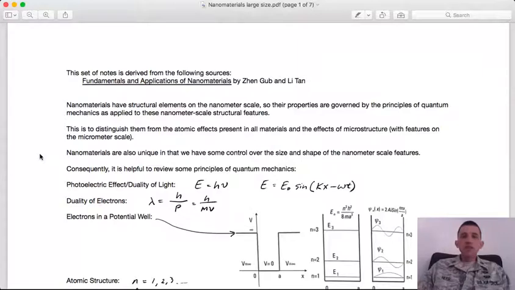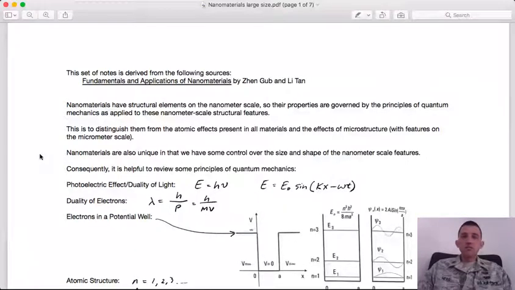The goal here is to highlight how what we have learned up to this point changes a little bit when we reduce our size regime another few orders of magnitude to nanoscale. We've kind of been in the micro scale.